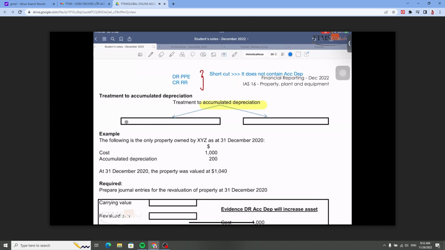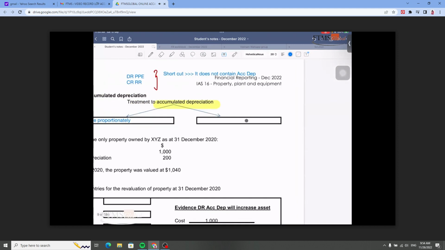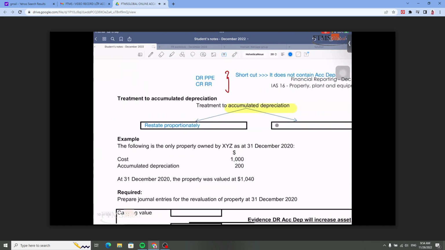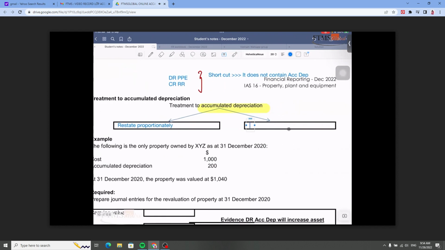The first one is you can restate the accumulated depreciation proportionally, or you can eliminate the accumulated depreciation completely.